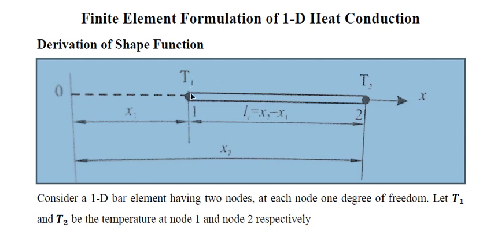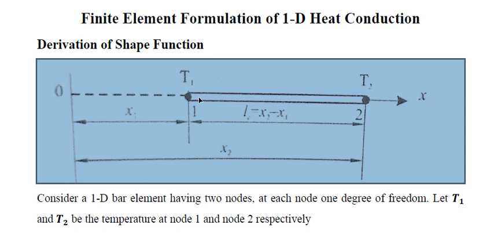Here we have considered a 1D heat transfer element. This element is called a 1D heat transfer element. This particular element has two nodes, node 1 and node 2. At node 1 the temperature is T1, at node 2 the temperature is T2.